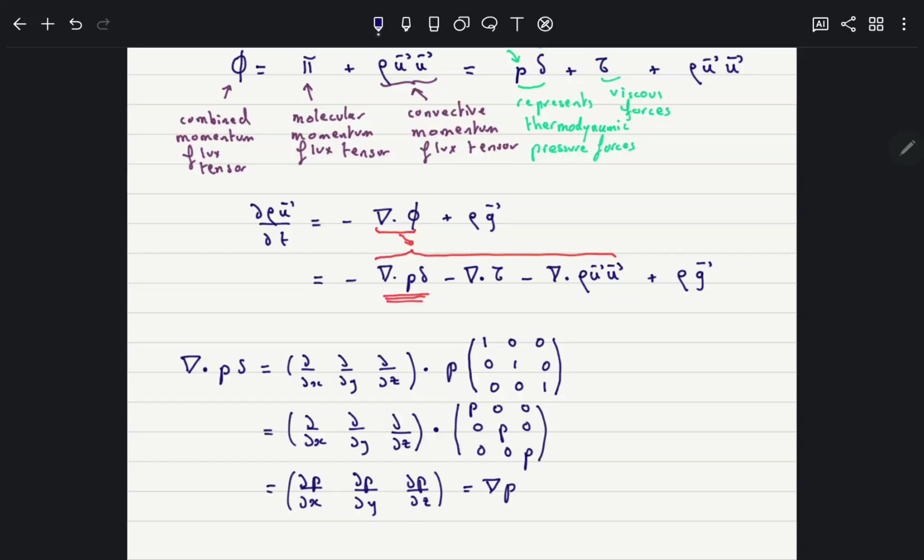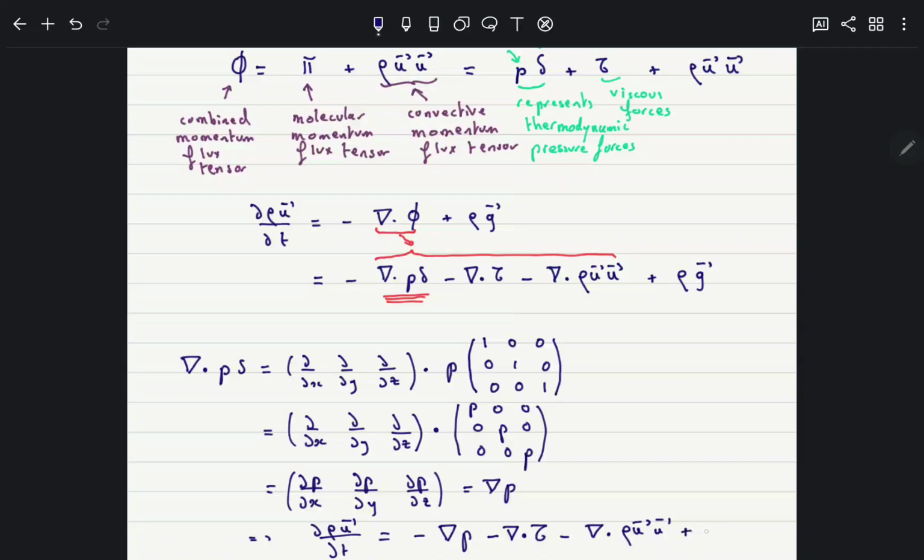So in other words, our equation of motion really simplifies to dou u over dt equals negative the gradient of pressure, minus the dot product of the nabla operator and tau, minus the dot product again of the nabla operator and rho u bar u bar, and plus rho g.